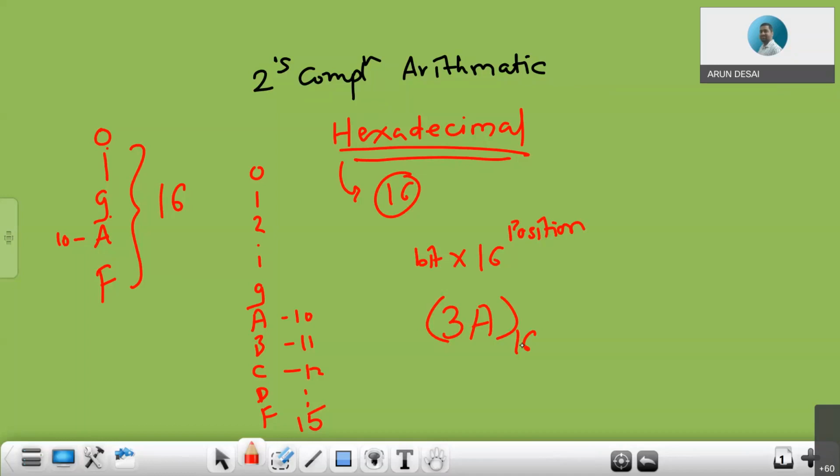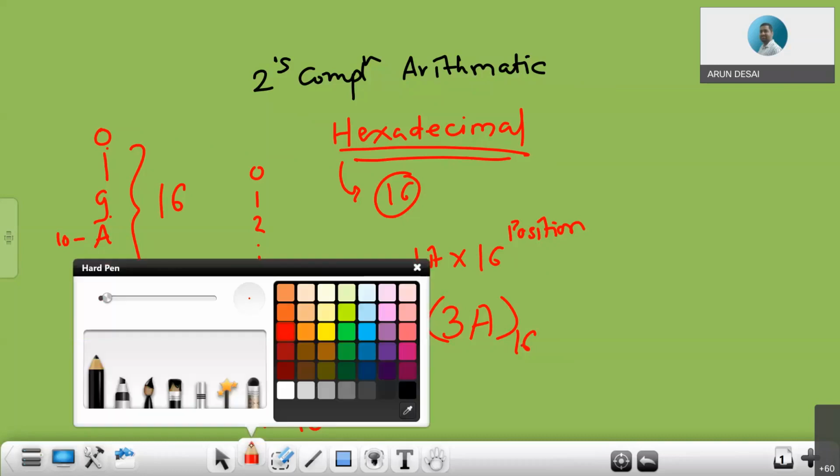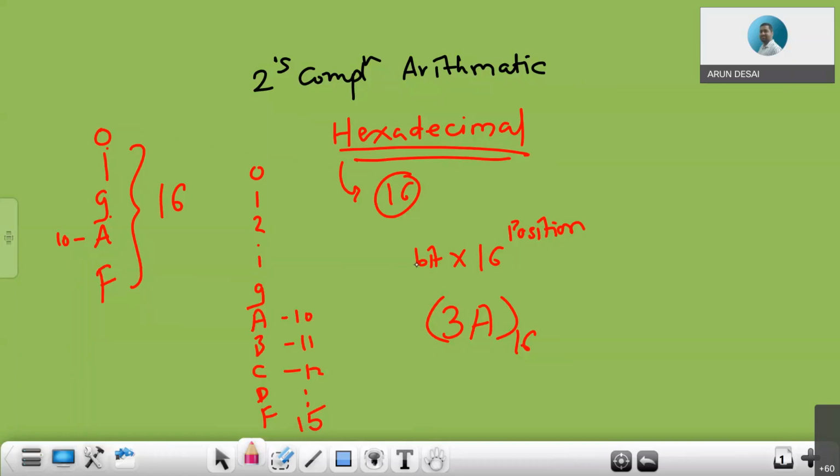What is the answer? Position is 0, position is 1.